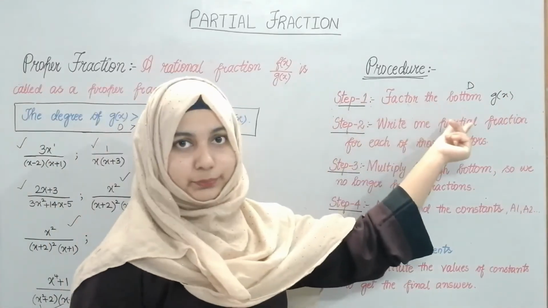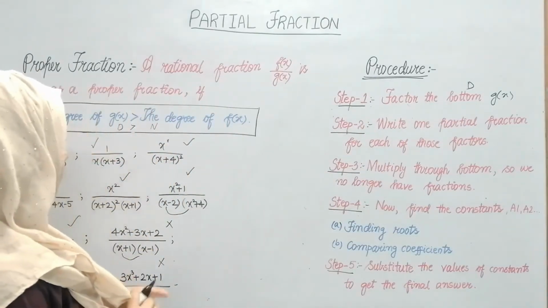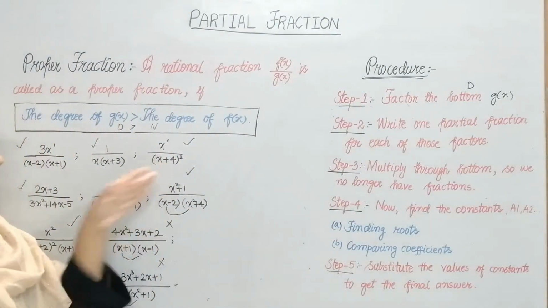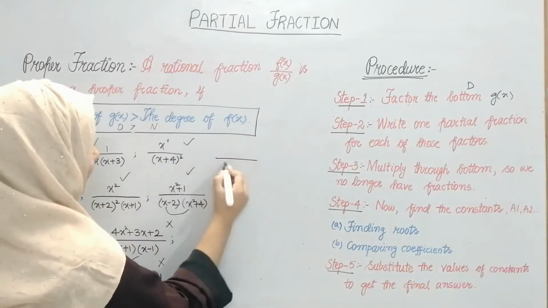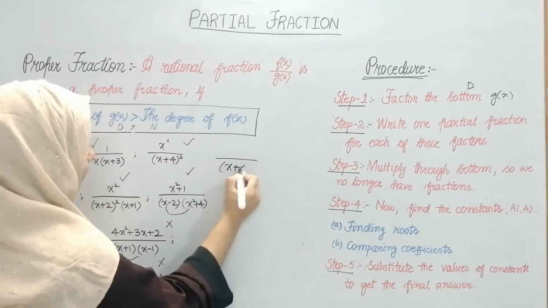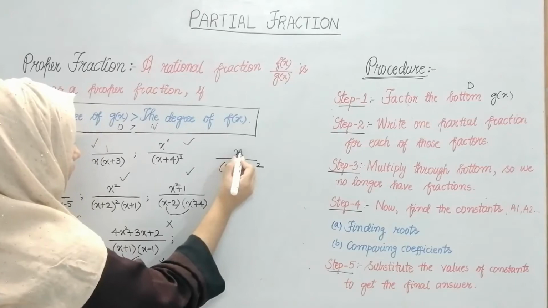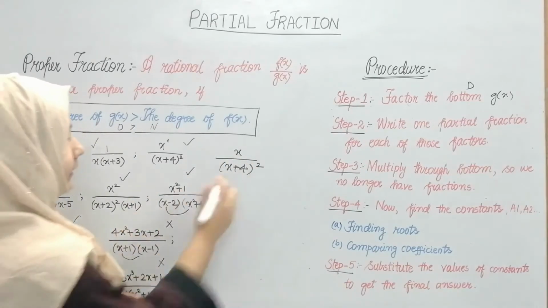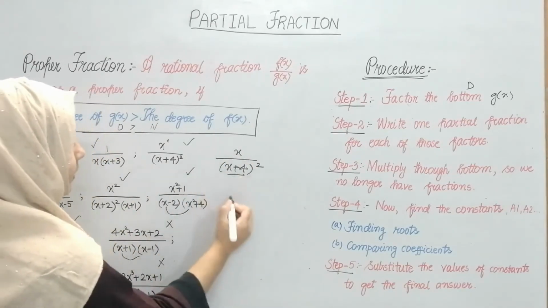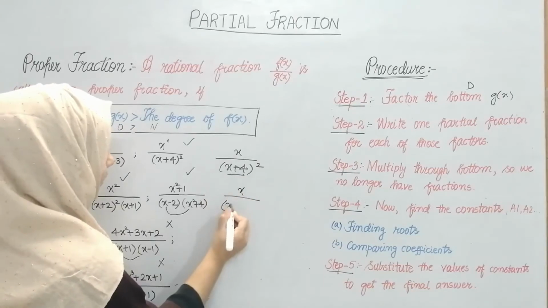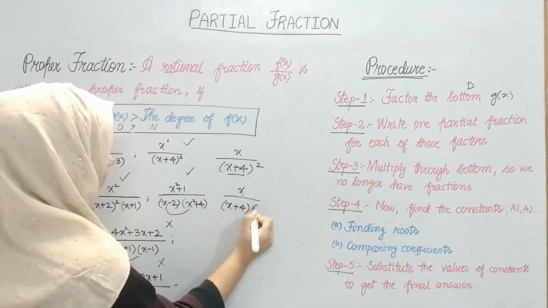I need to factorize the denominator. Suppose you consider this example, here I have already given the factor x by x plus 4 whole square. This is the factor which is repeating 2 times. It is like x plus 4 into x plus 4.